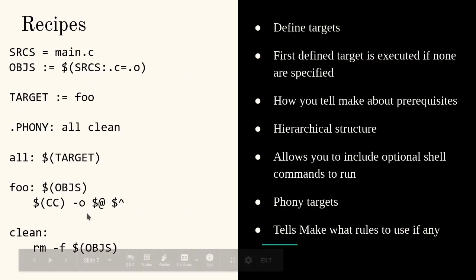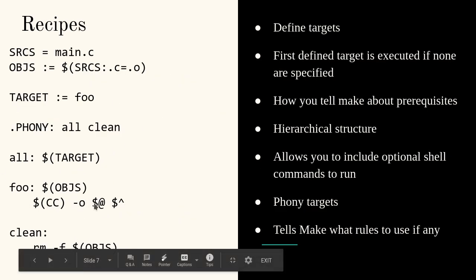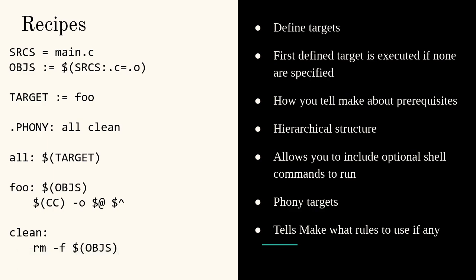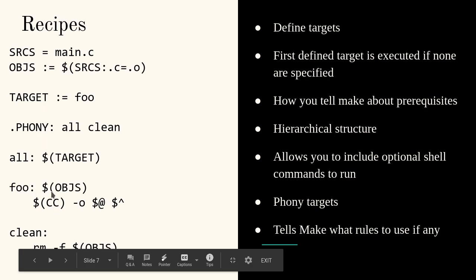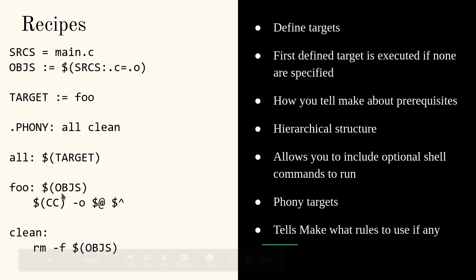But also, if you have some of these like RM or Makedir, that's considered a job that Make will run on a core, and when that job is finished, it will run in order. And I believe the way that it works is, if foo here has 30 files in this objects as its prerequisites, it will run out of prerequisites before it bubbles back up to all.